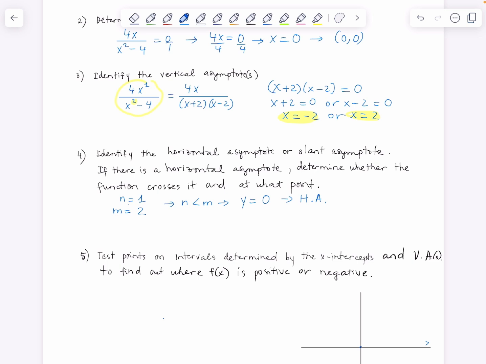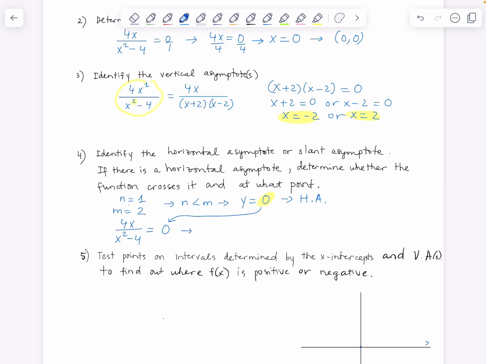So we're going to continue with determining whether the function is going to cross the horizontal asymptote and at what point. To do that, we are going to let the function equal the constant that is in the horizontal asymptote here. So it's equal to 0. I get the 0 from there.